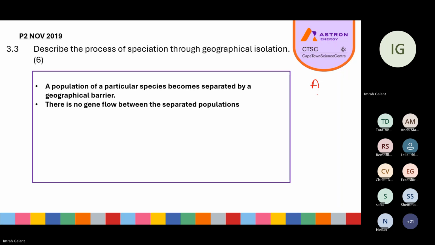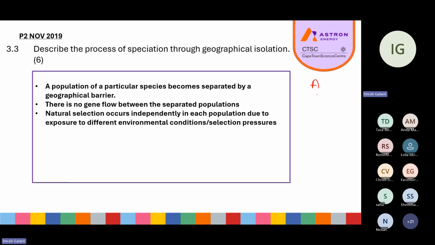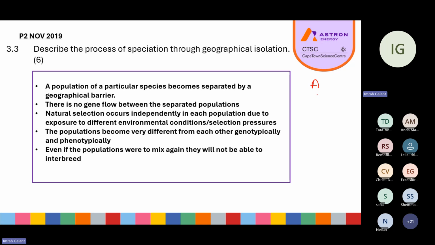Okay. So natural selection occurs independently in each population due to exposure to different environmental conditions or selection pressures. Then the populations become very different from each other genotypically and phenotypically. And when this happens, even if the populations were to mix again, they will not be able to interbreed because the different populations are now known as new species.